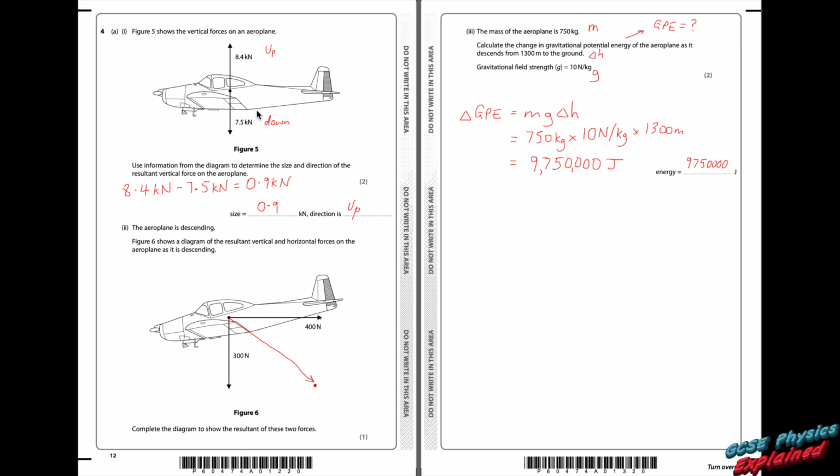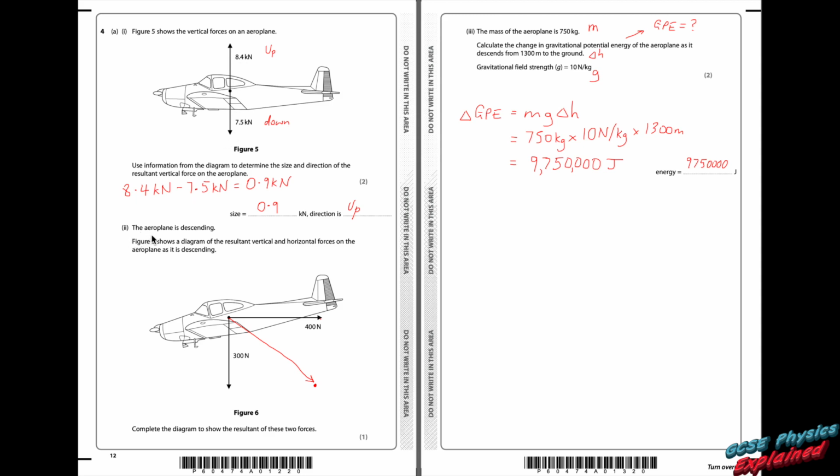So what you do, always just take the smallest number away from the biggest number. You know that the overall direction is going to be upward because the upward force is bigger than the downward force. So 8.4 kilonewtons take away 7.5 kilonewtons comes out as 0.9 kilonewtons, and the direction will be up because up was the largest force.